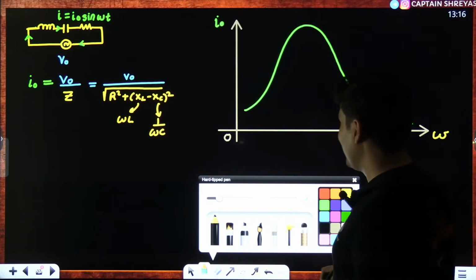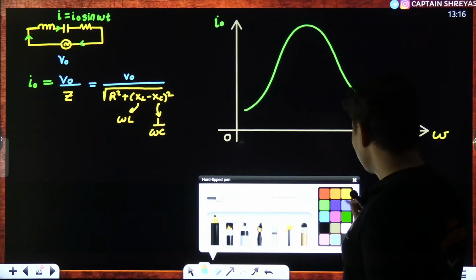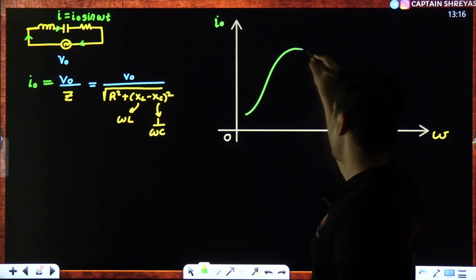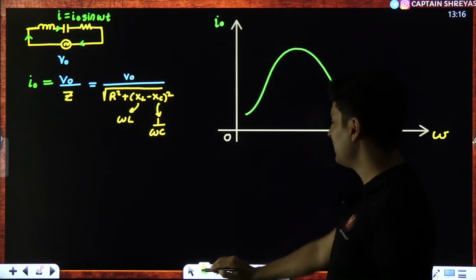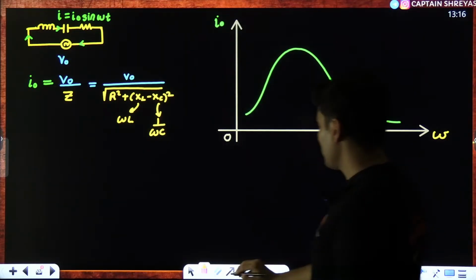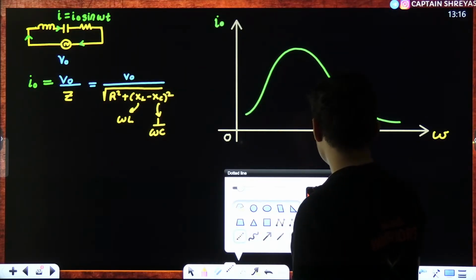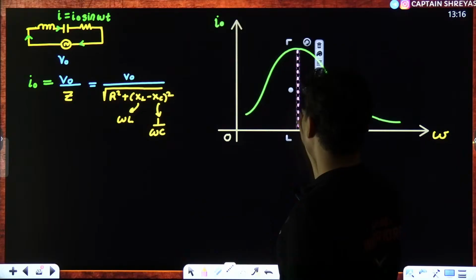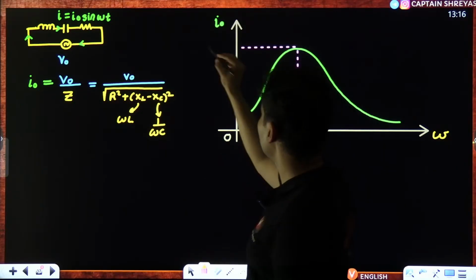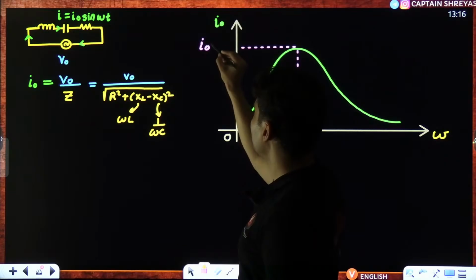Anyways, coming back over here, this is reaching some maximum value, like you can see. It is going up and then it is coming down. It is definitely reaching some maximum value. So if you see where it is maximum, right over here, this is where the current I0 is maximum.